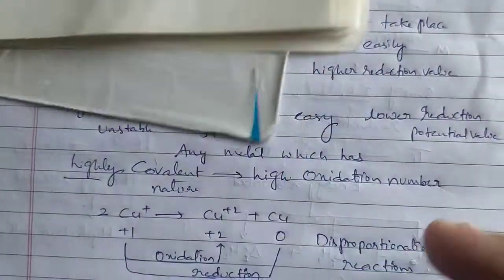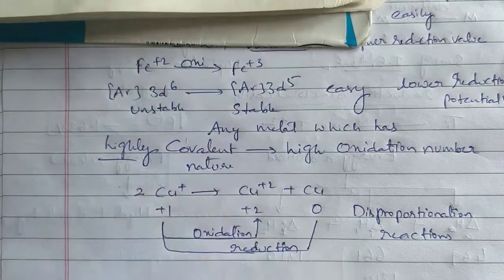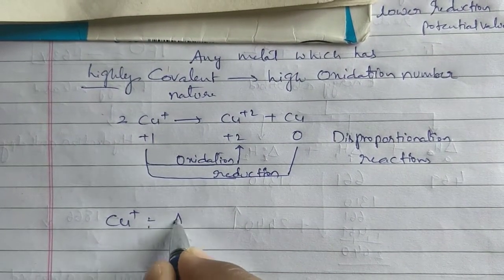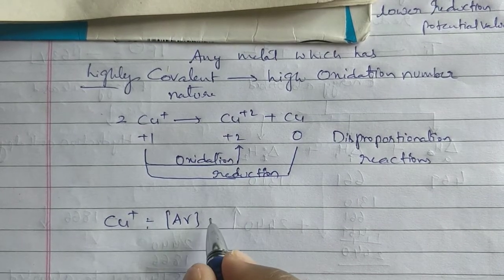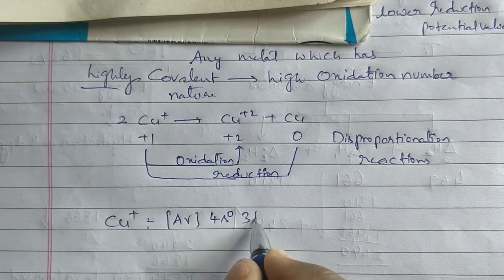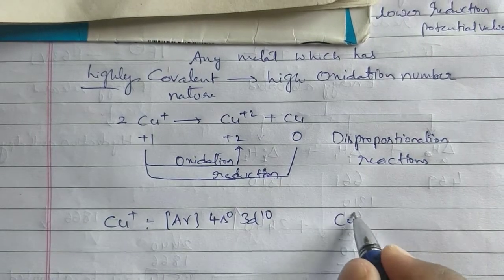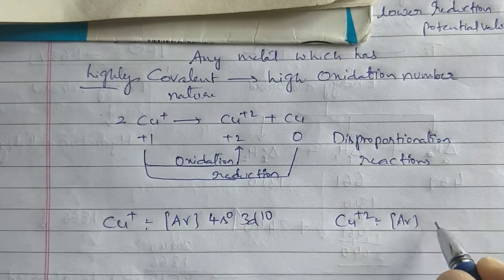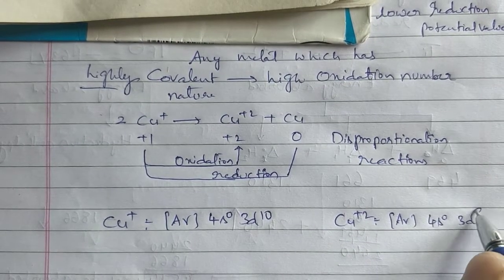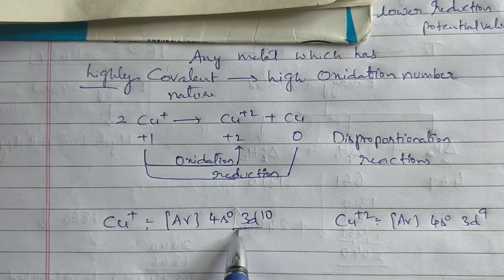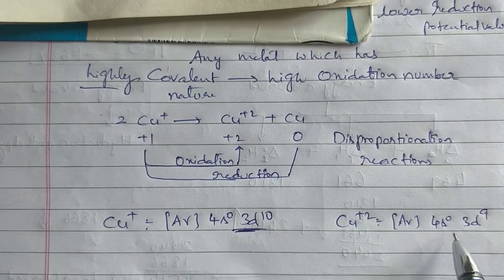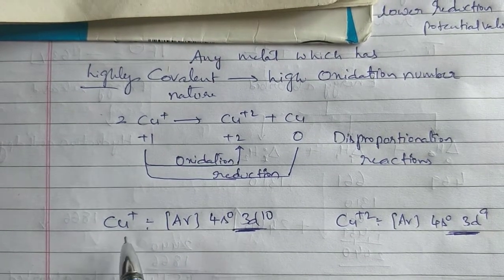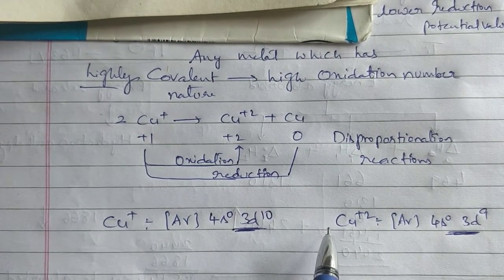Here actually we will think that the Cu+ electronic configuration is argon 4s0 3d10. Cu2+ electronic configuration is argon 4s0 3d9. A completely filled configuration must be more stable when compared to an incompletely filled configuration. Like that we will feel, and we will think that Cu+ is more stable than Cu2+.